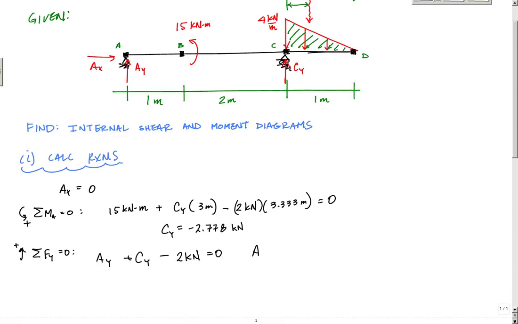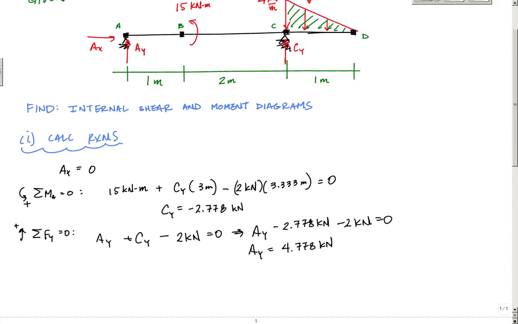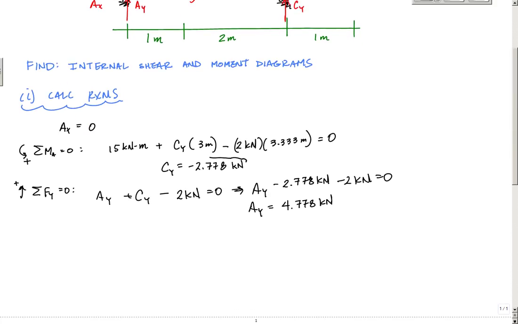So that means that Ay minus 2.778 kilonewtons minus 2 kilonewtons equals 0. And that means that Ay is equal to 4.778 kilonewtons. The positive indicates that the direction that I've drawn it is correct. Okay, so now I have my reactions, Ay and Cy, and that was pretty easy.